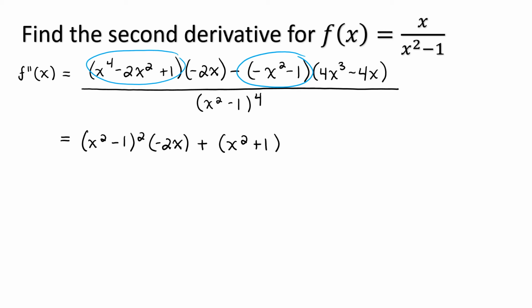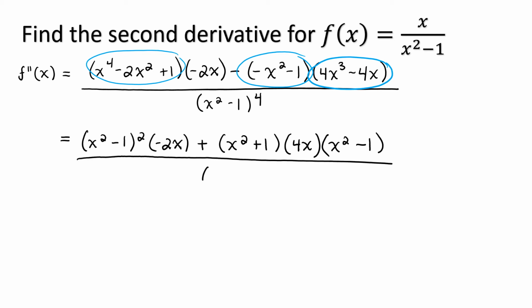Then we can factor out 4x from this expression. So we have 4x times x squared minus 1. And then in the denominator, we still have that x squared minus 1 to the fourth power.